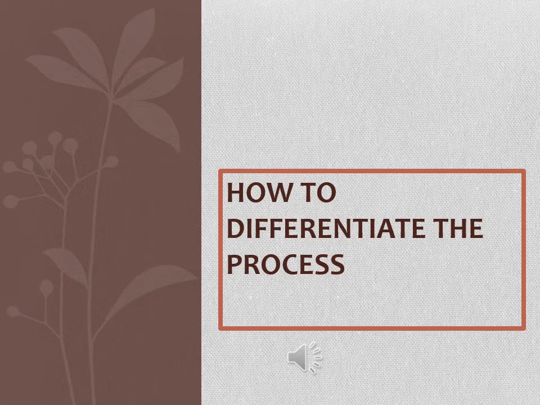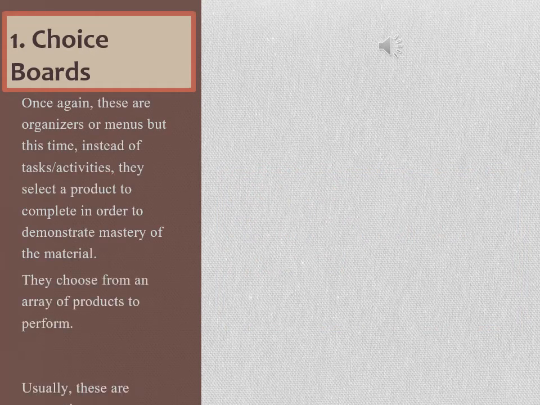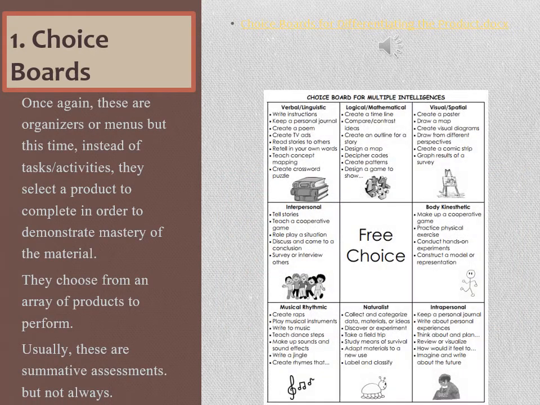How to differentiate the product. First, there are choice boards. Once again, these are organizers or menus, but this time, instead of tasks and activities, they select a product to complete in order to demonstrate mastery of the material.